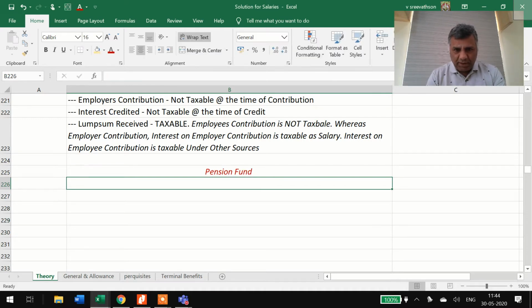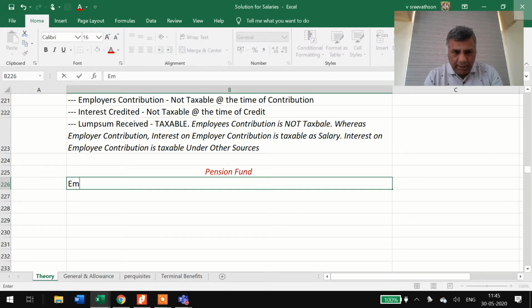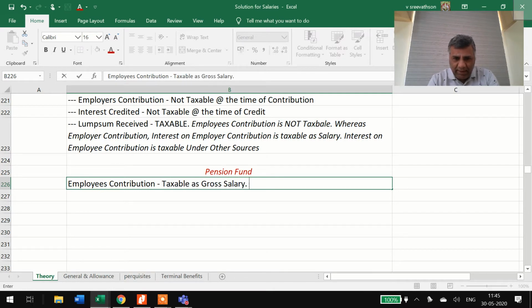Pension fund. Like provident fund, this is also employer-employee contribution, but not so many types, only one, so not a problem. Employee's contribution is taxable as gross salary.